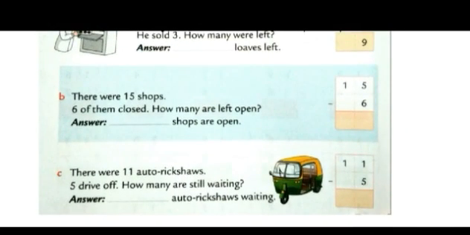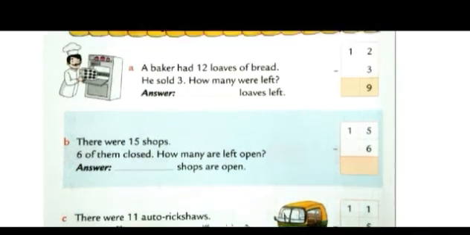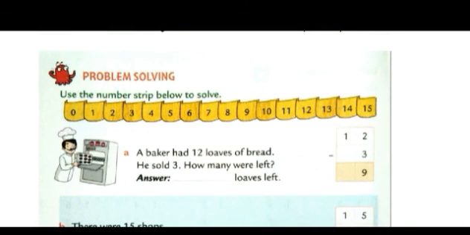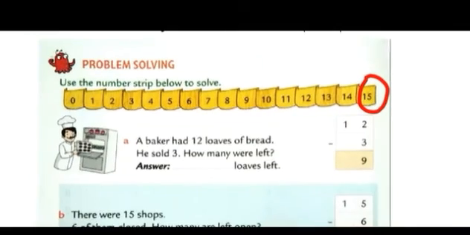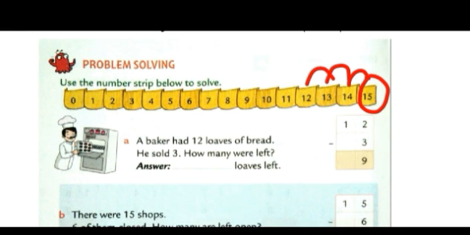There were 15 shops. 6 of them closed. How many are left open? So, we have to subtract 6 from 15 using this number strip. First we will mark 15. Now, how much do we have to subtract? 6. That means we have to move back 6 places. 1, 2, 3, 4, 5, 6.